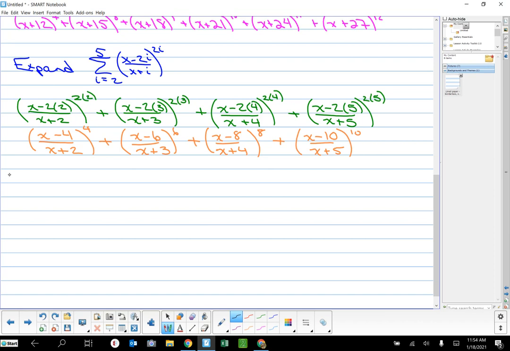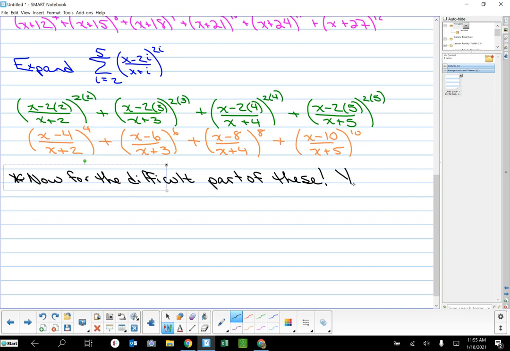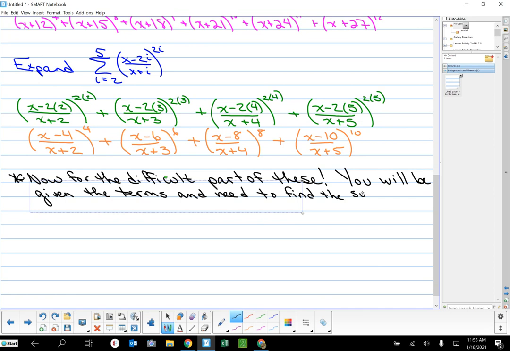All right. Now, in my opinion, the more difficult part of these, because that part's all just plugging into formulas, is where you are given the terms and need to find the summation.